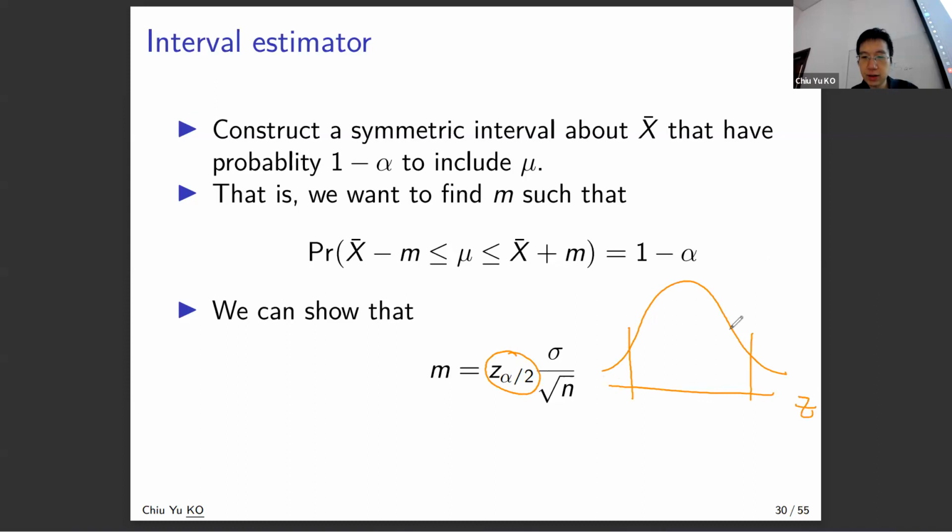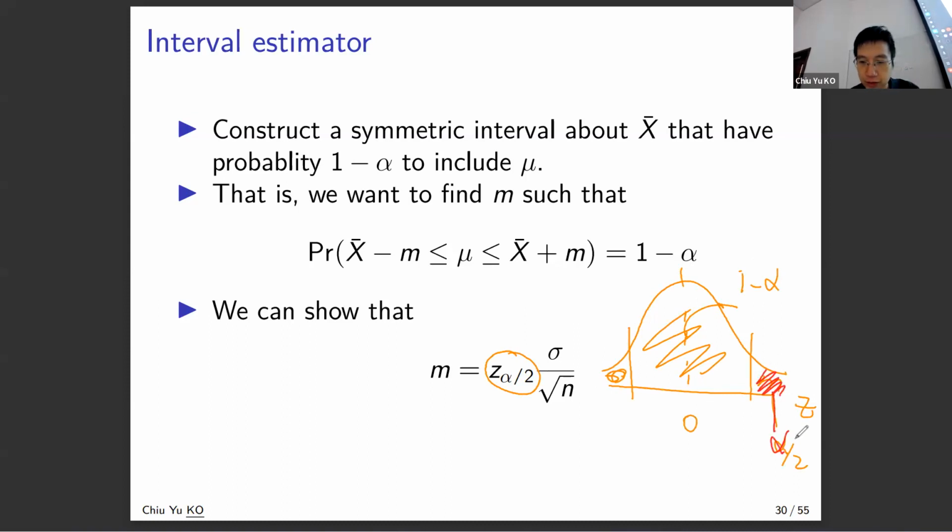This is Z, right? 0 is here, and here is 1 minus alpha, and both sides are alpha over 2.